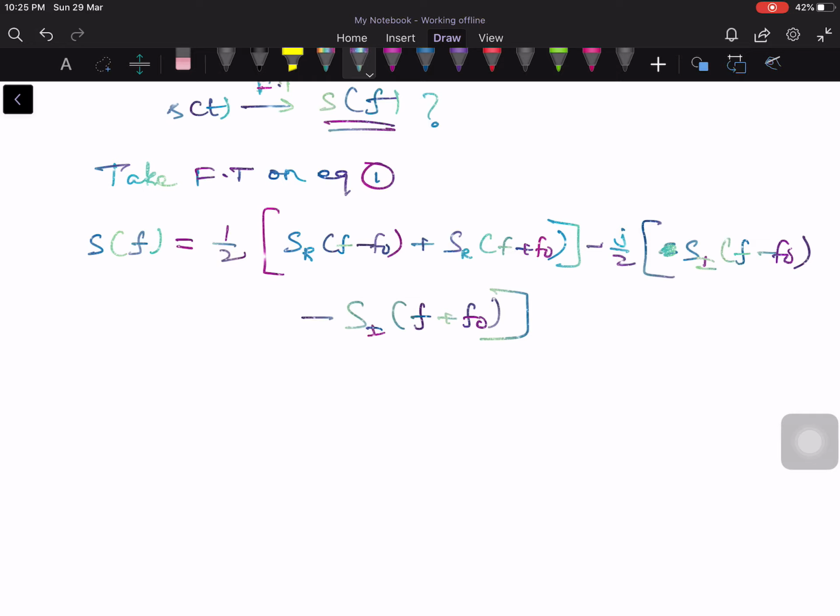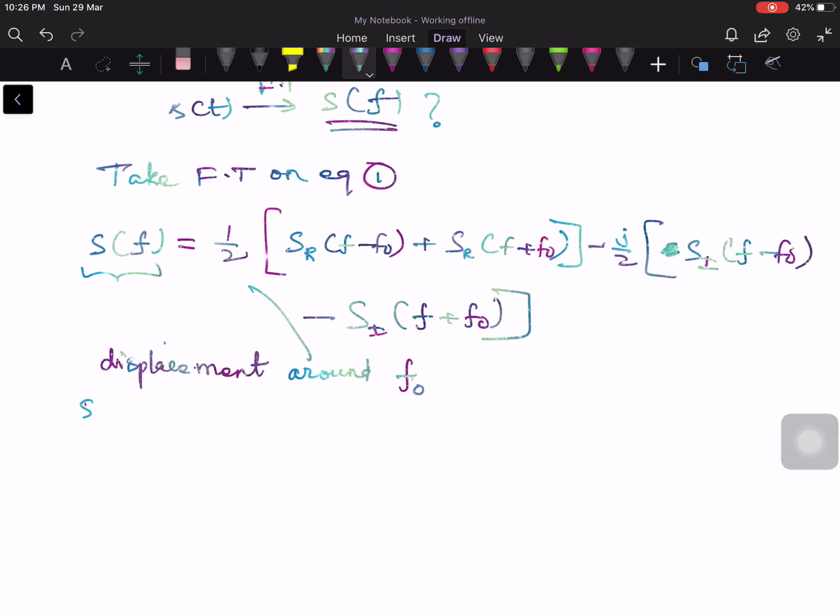So s sub r of f and s sub I of f have a displacement around f naught.